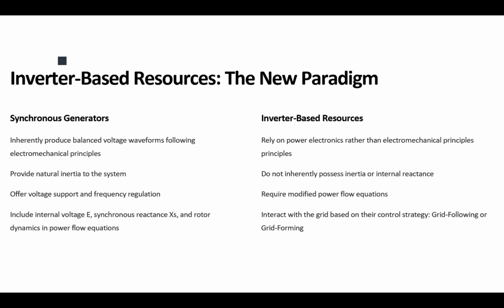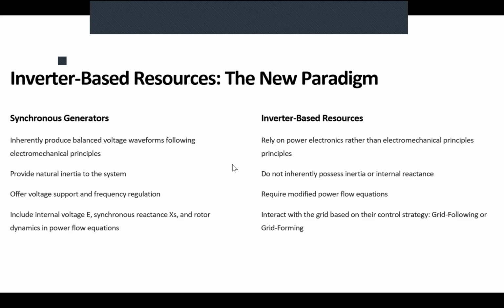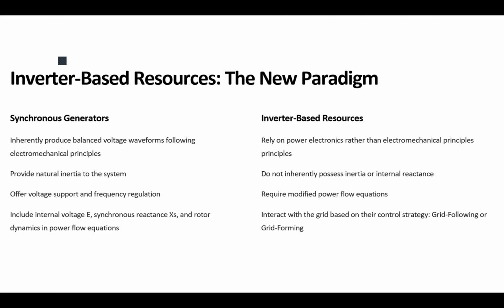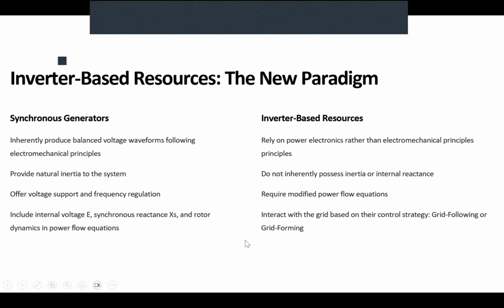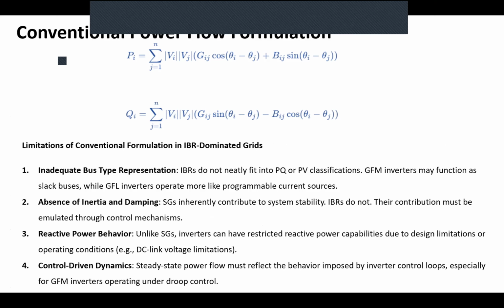So it's not an inherent or natural characteristic of the system. It's actually a mathematical control, an artificial setting. This is the major difference that creates some abnormality in the behavior of those resources compared to the rotary machine when we talk about system analysis. Now let's focus our discussion here on power flow analysis.